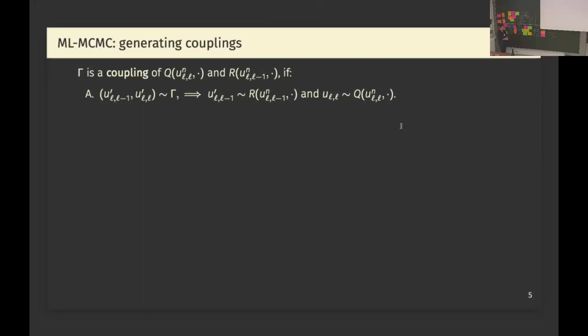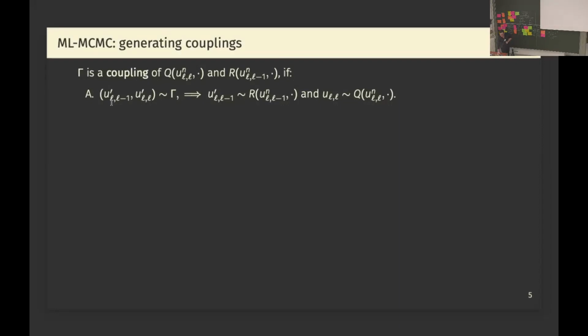Okay, so just to give a little bit of detail on what coupling means, we say that gamma is a coupling of two probability distributions Q and R if a joint sample U'_{L-1}, U'_L from gamma has the right marginals.